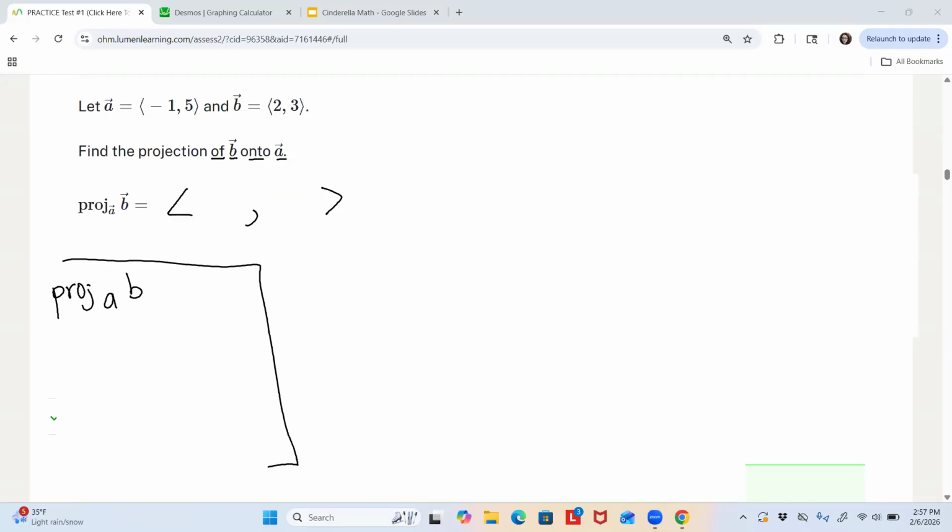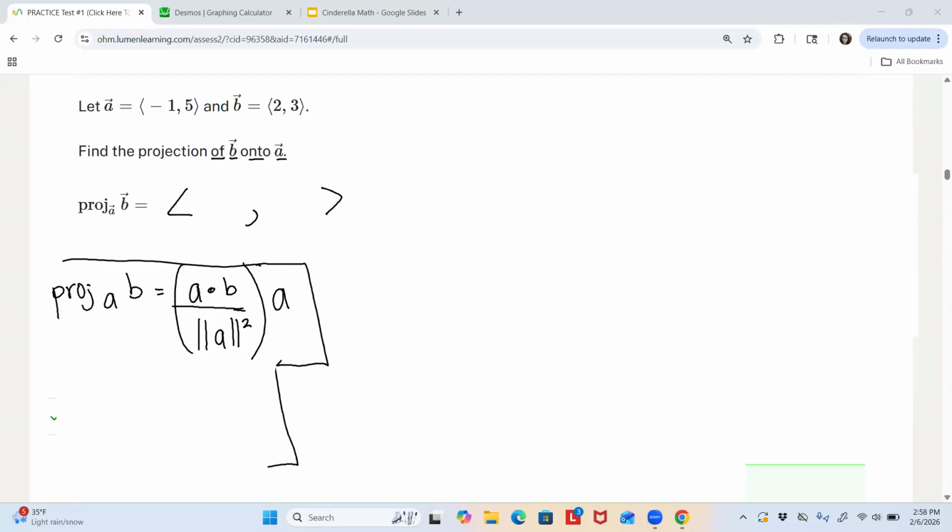Okay? And then this equals, do them dotted, and then do the little one, so the subscript, so the A, you're going to take the magnitude of that and square it. Let me actually erase part of this box. Okay. And then you're going to take all that and times it by the vector of the little one, so A.